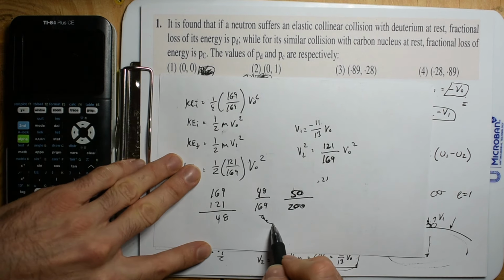But if we had 0.28, we would need to make this number smaller, so then we would have 50 divided by like 180, and maybe that would be closer. So we can see that this is probably that 0.28.